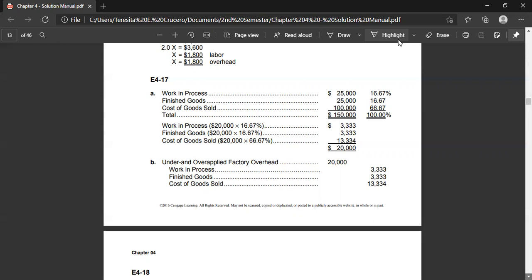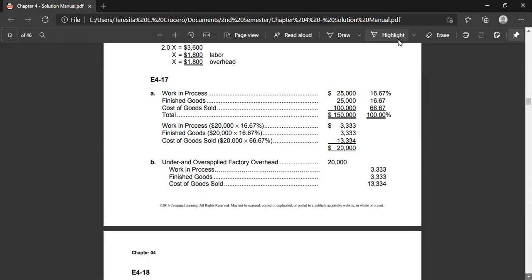So the factory overhead variance of 20,000 was given a remaining credit balance of 20,000 in its unearned over-applied factory overhead account. The balance was deemed to be large and therefore should be closed to work in process, finished goods, and cost of goods sold. That's the option.